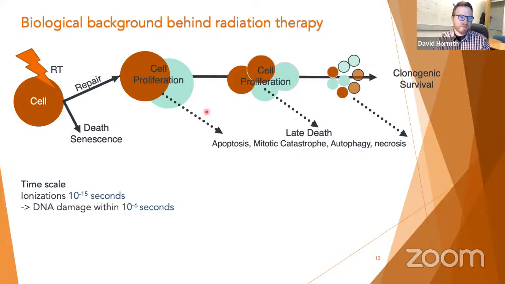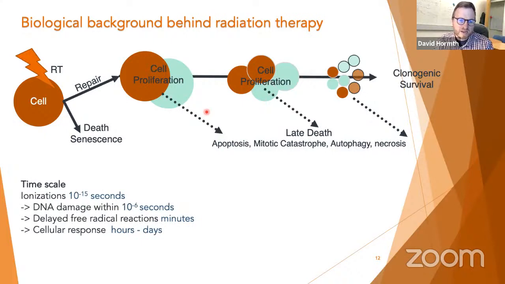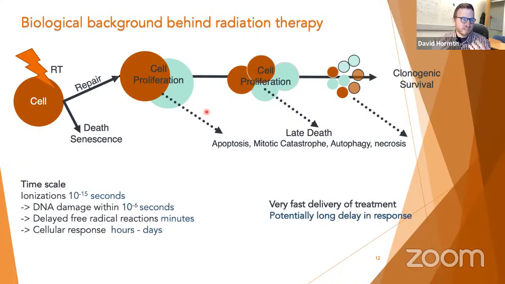Since there's not a really immediate response to radiation therapy in these early timeframes, we're looking at the ability of these tumor cells to form a colony down the line. This is one of the things that makes modeling response to radiation therapy tricky. We have a very fast delivery of treatment, but then a potentially long delay in response.